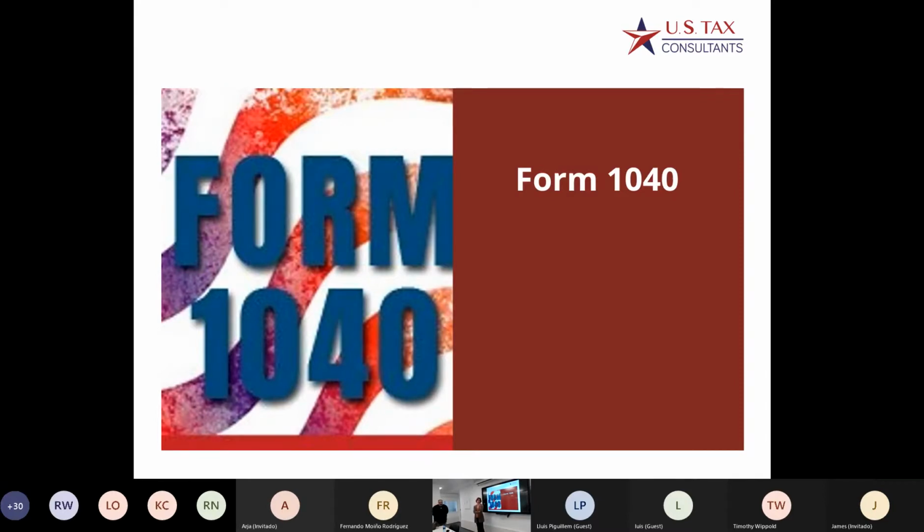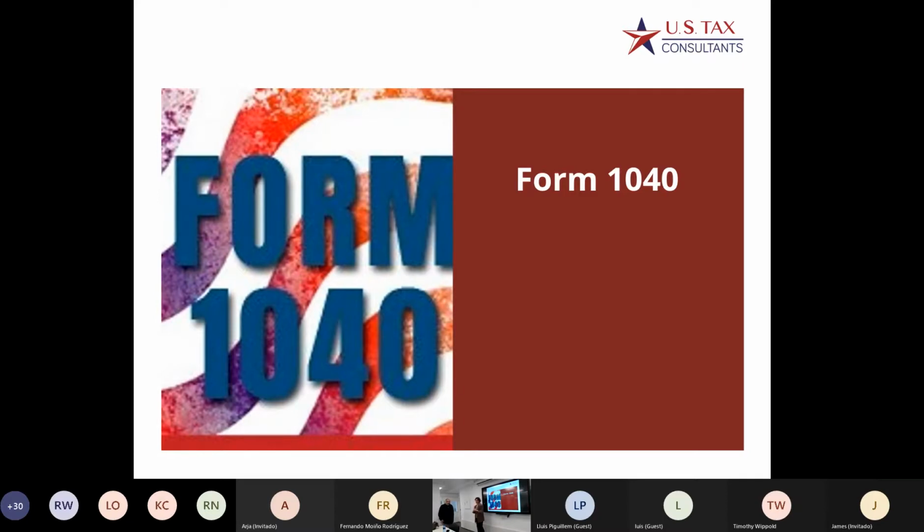If you are tax resident in Spain and you have passive income from the US, you have to include it in the Spanish tax return under the special taxable base, which is more or less the passive income. But yes, you have to declare it.